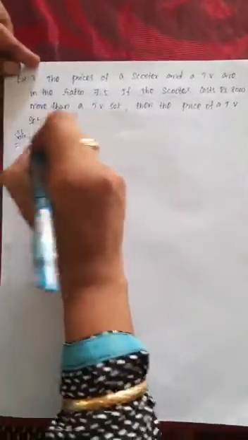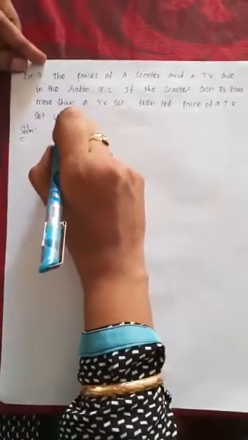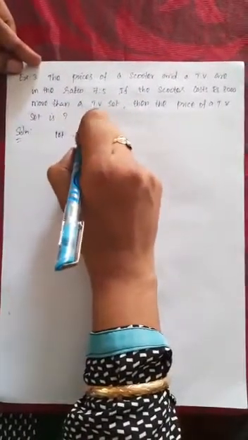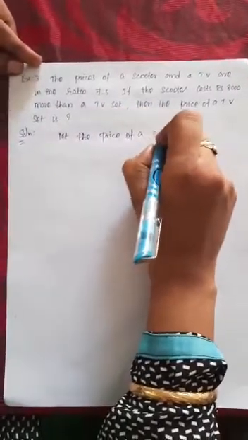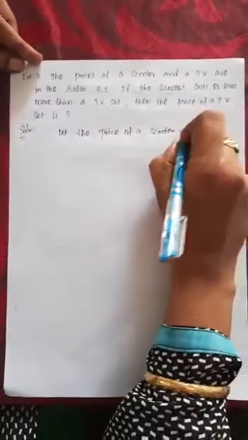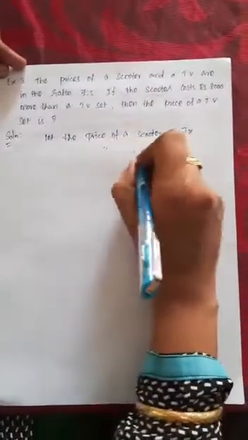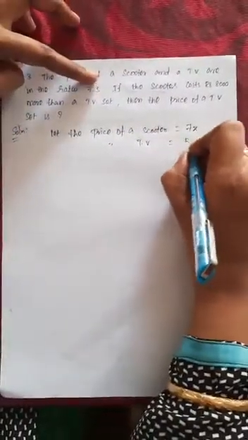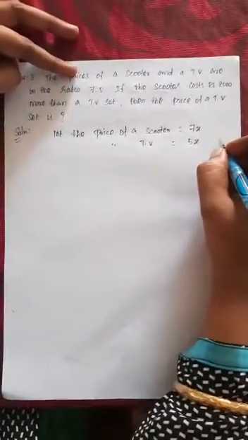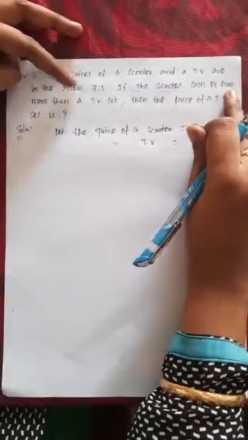Let us assume that the price of a scooter is equal to 7x, and the price of a TV set is equal to 5x respectively.